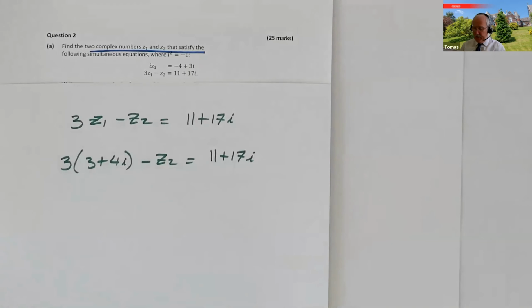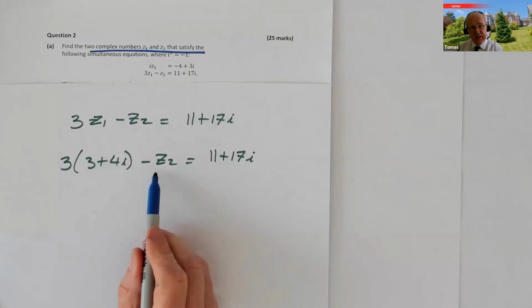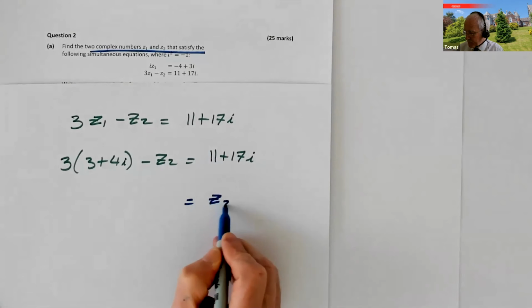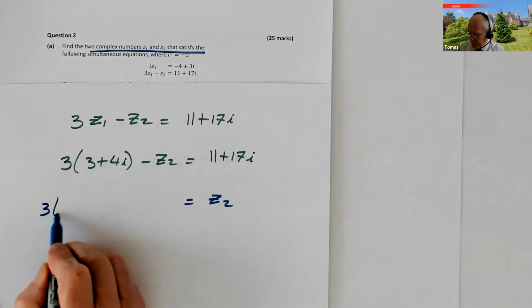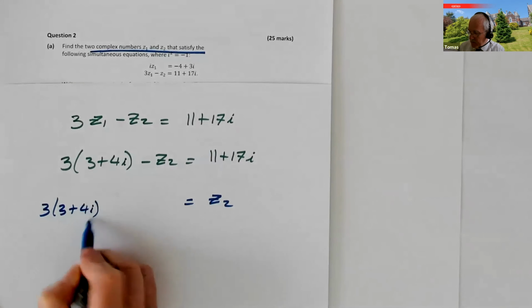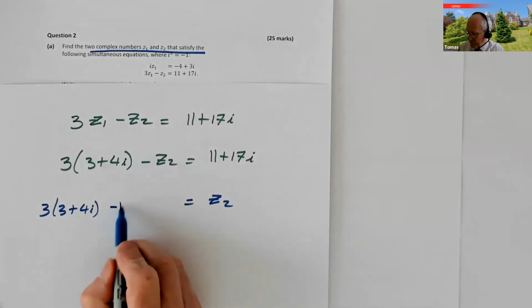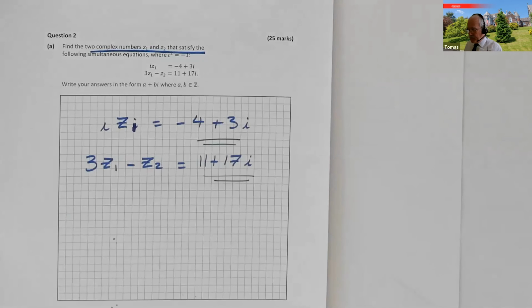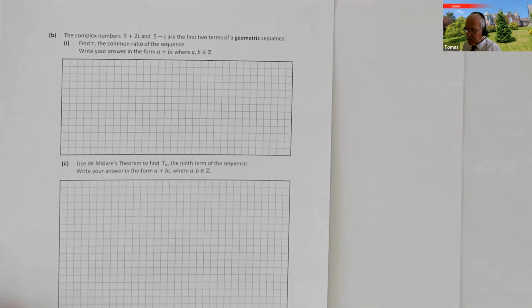And no different to any other equation, I don't like Z2 on this side of the line. I'm going to move it to the other side. I'm going to keep the rest on this side. But I'm going to move the minus 11, minus 17i. And I should be able to join up the reals and the imaginaries and solve it that way. And that's that. So that's one question.